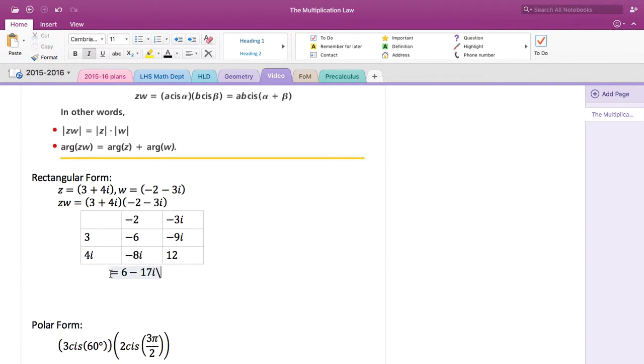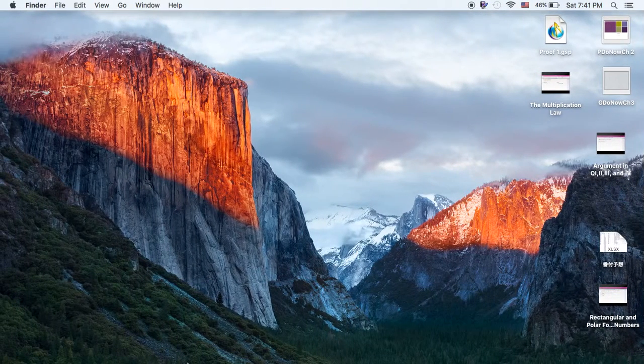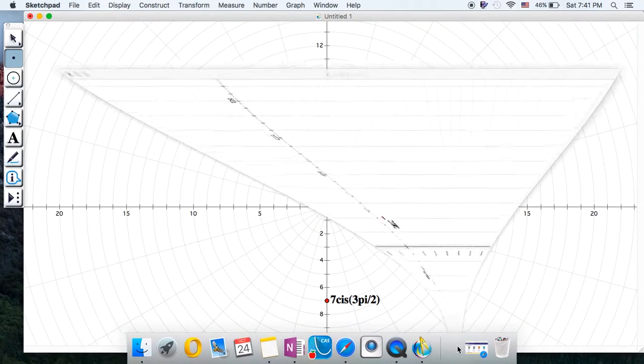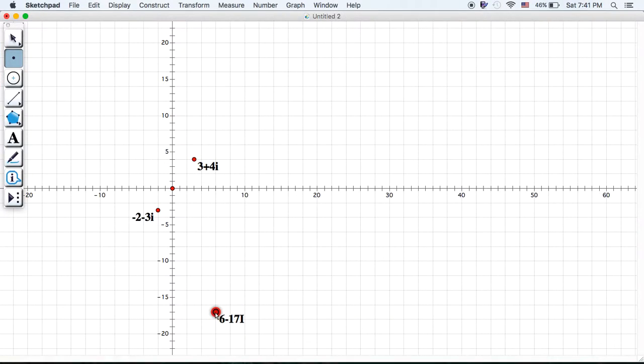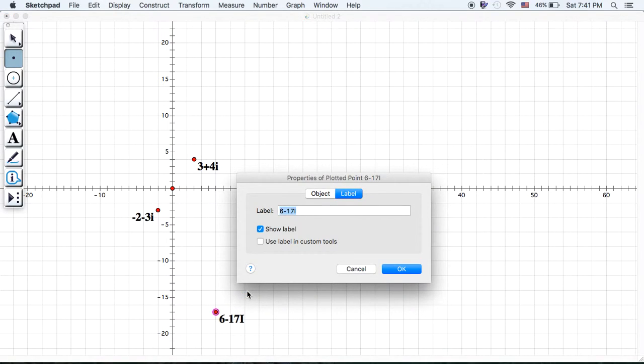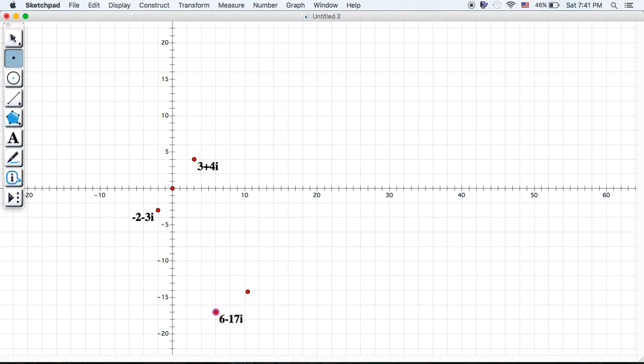This can be graphed in the complex plane, because 6 minus 17i is the point (6, negative 17). So let's plot the point, which should be right here. That's 6 minus 17i.